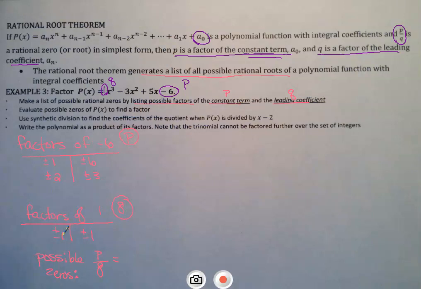You're going to take the factor of the P and you're going to divide it by the Q. So now I've got it. Here we go. Get back to this definition. P is a factor of the constant term. There it is. Because we have to factor it. And Q is a factor of the leading coefficient.